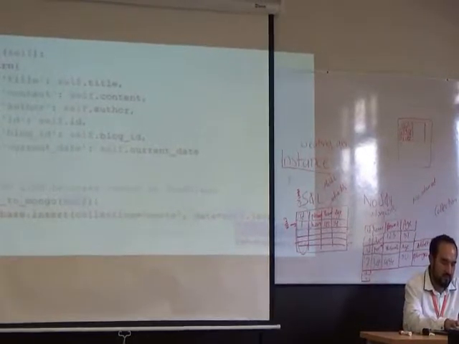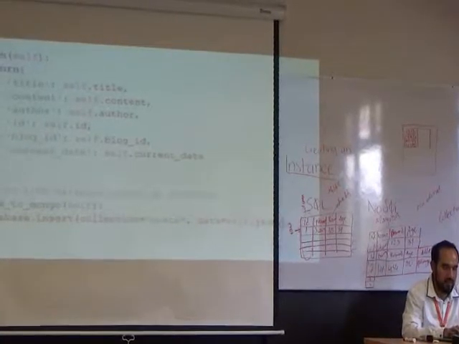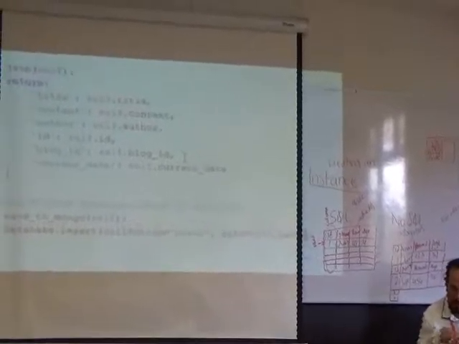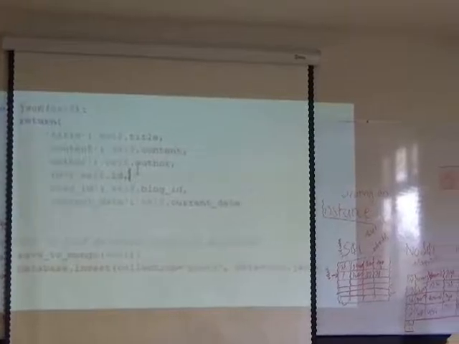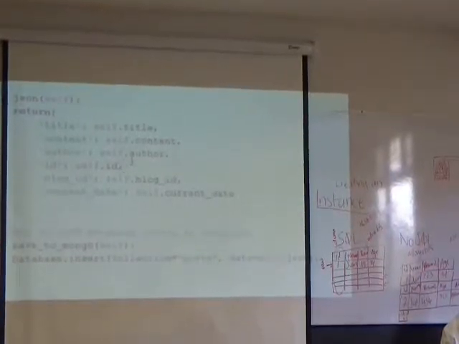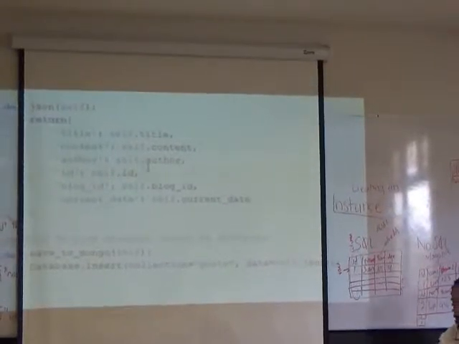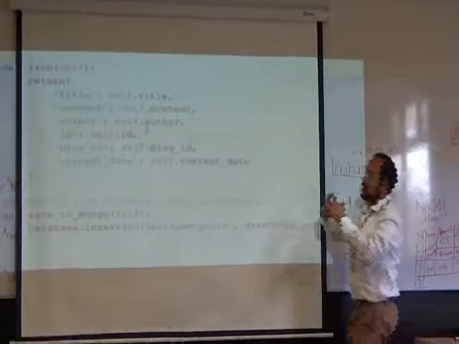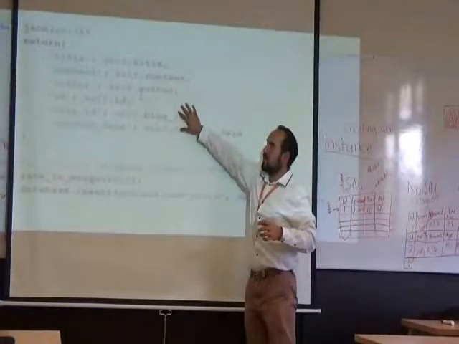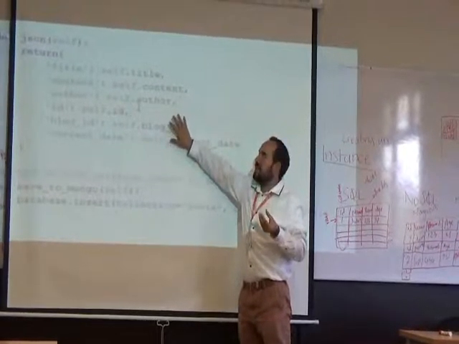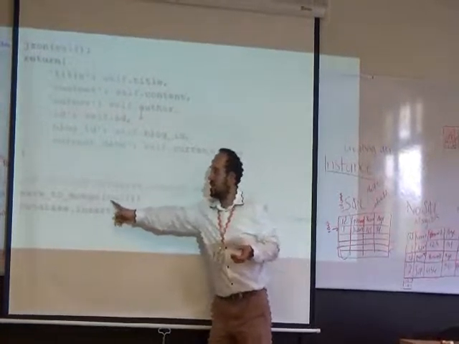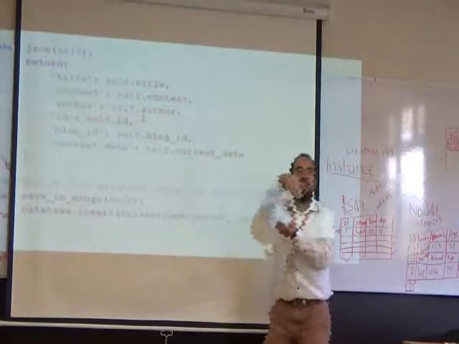And voila, that's it. So if I want to insert, it's going to get from the website, convert it into an object with the format in JSON, and then establish a connection with Mongo, and insert it.